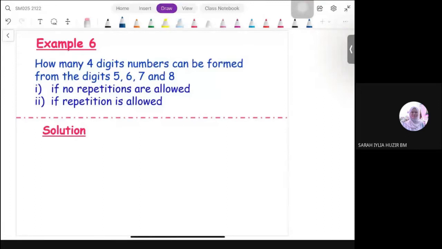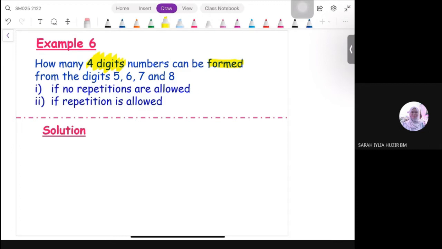So how many 4-digit numbers can be formed? So n in this case is 4, and then the keyword is form. So if we want to form a number, means arrangement is important. So once again, we have to use permutation in this case. Okay, we have two different situations now. For the first one, repetition is not allowed. Means we can only use each digit once.